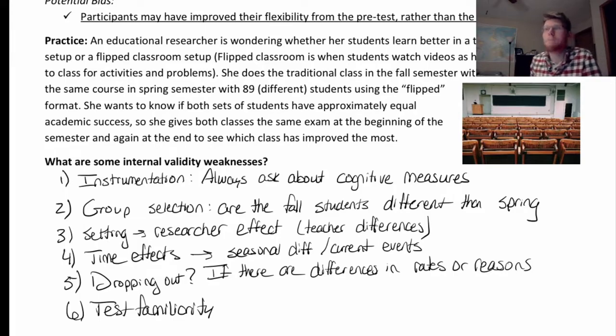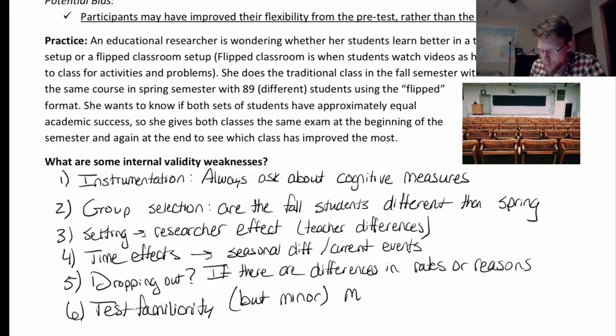So I can kind of measure the effect, like the change in score from these tests. And so it's probably okay if people are getting a little bit better at it, because I can kind of parse out the test familiarity improvement by comparing both classes.